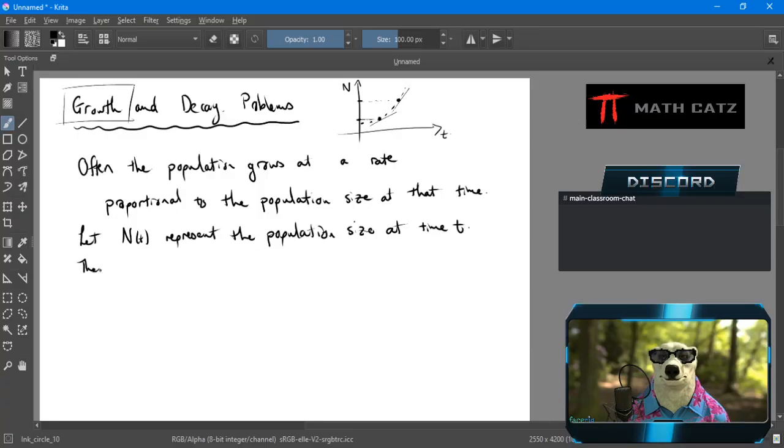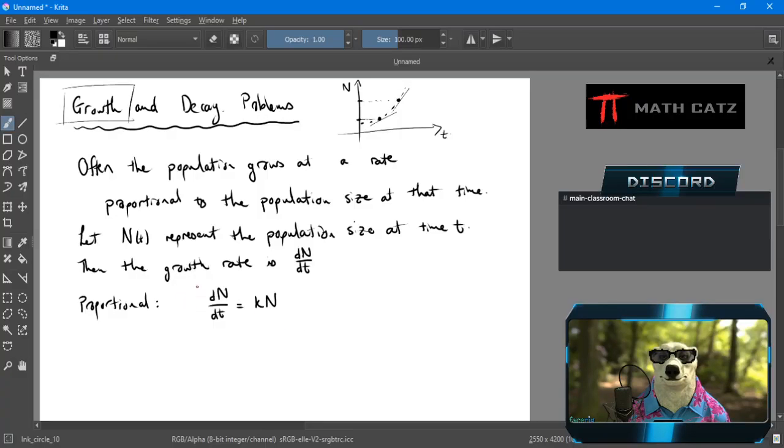Then the growth rate is, of course, dN/dt, the time derivative. Now, when these two things are proportional, it means the ratio of the two is a constant. Or in another way, maybe a simpler equation, proportional means that one is related to the other by just a constant modifier, a constant factor.